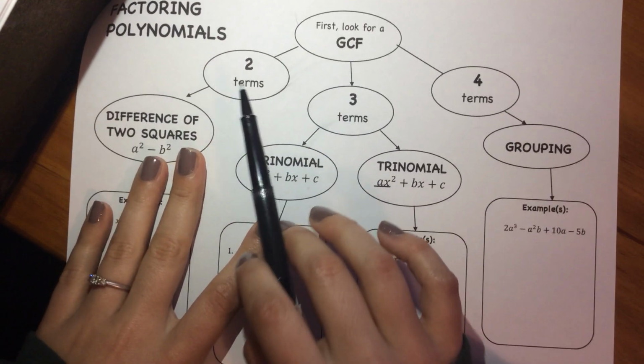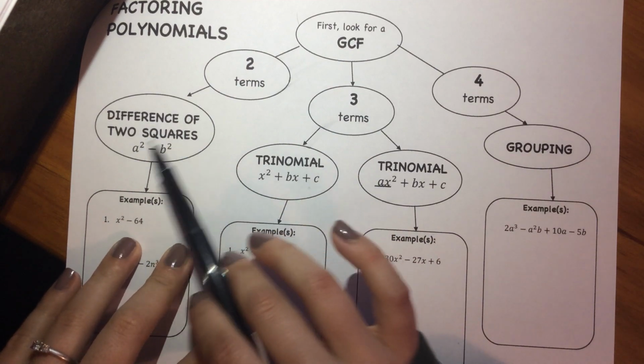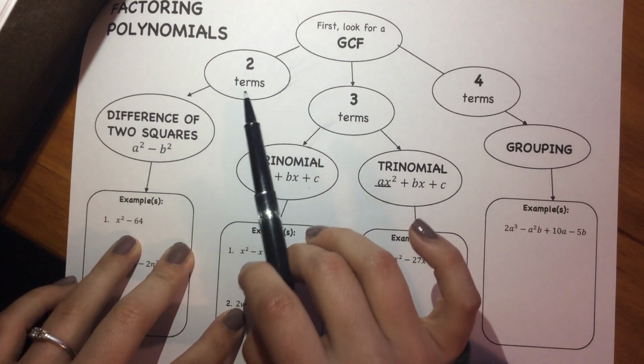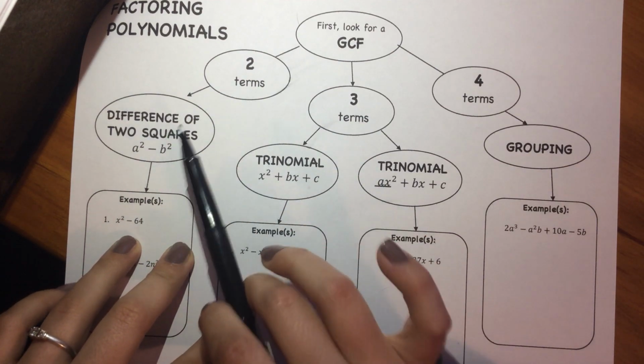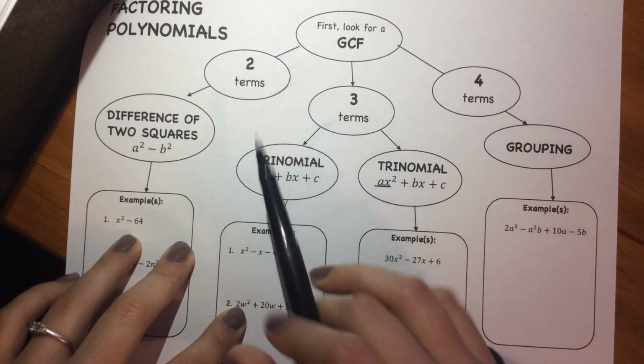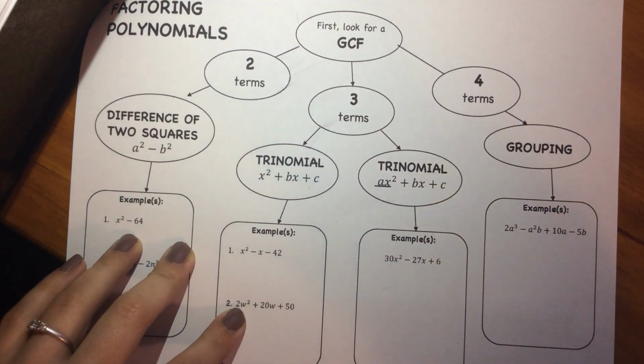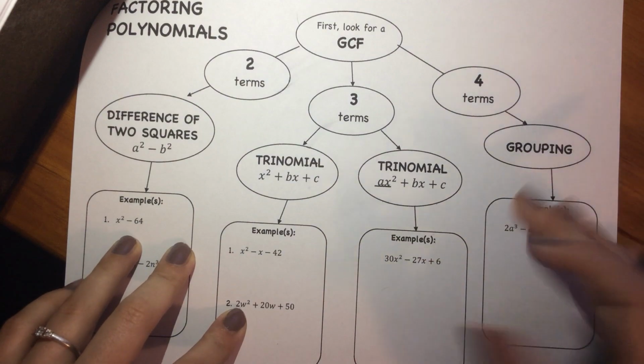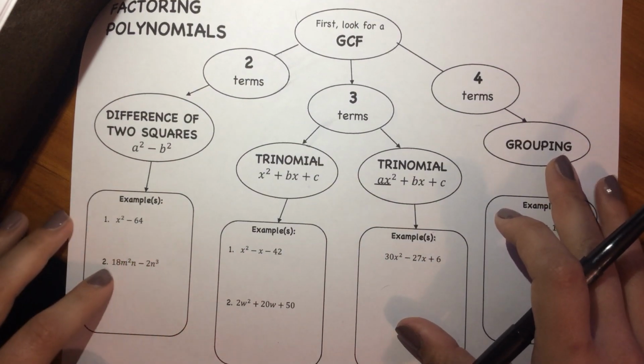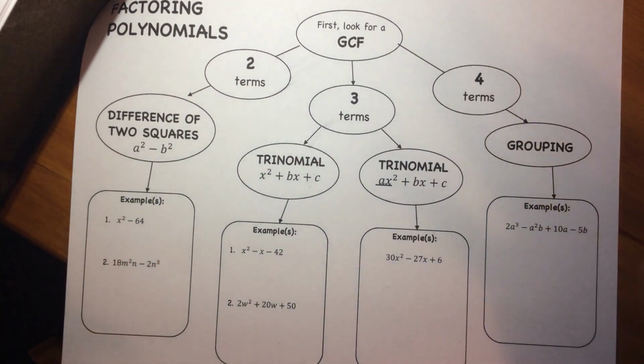If it's 2 terms, it's going to be difference of 2 squares. If it's 2 terms and it's not a difference of 2 squares, you can't factor it. There may be a couple of problems that you're given that you can't factor, and you should be able to identify that as well: can I factor this or isn't it factorable?